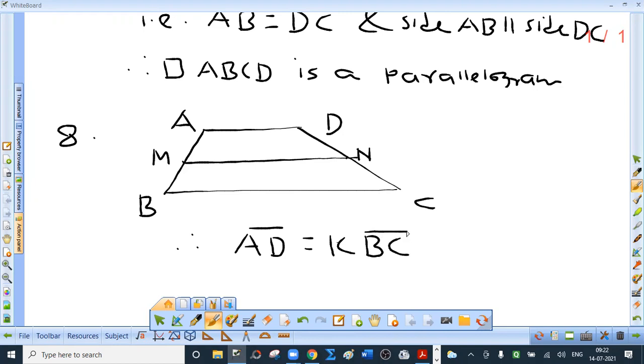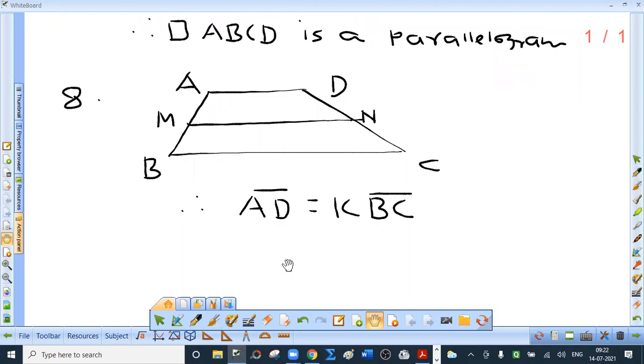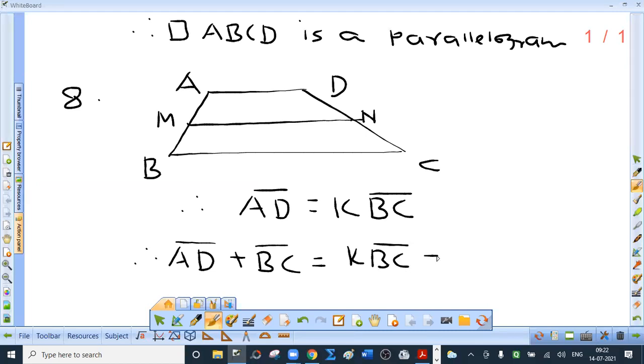Because if two vectors are collinear, one can be expressed as a non-zero scalar multiple of the other. Therefore, AD bar plus BC bar is k BC bar plus BC bar, because I have to replace AD bar by k BC bar, that is, k plus 1 times BC bar. Okay, right. This is, say, number 1. Next line.